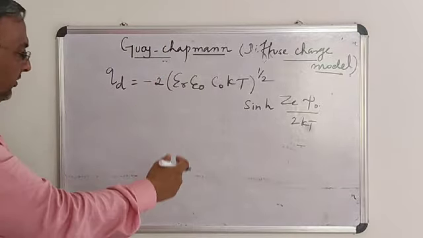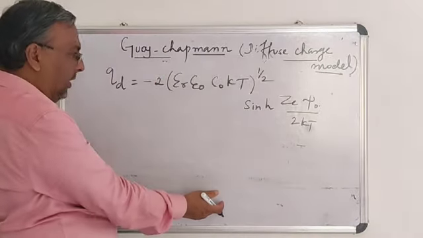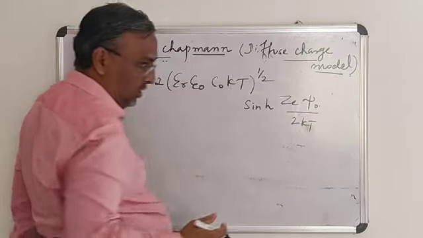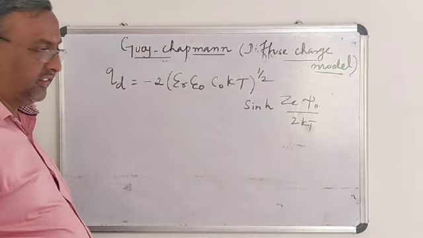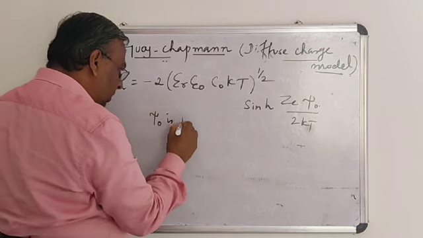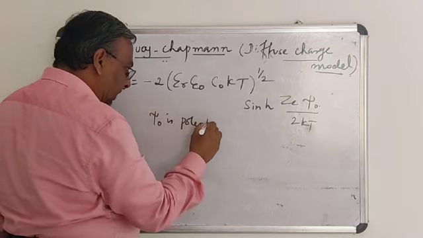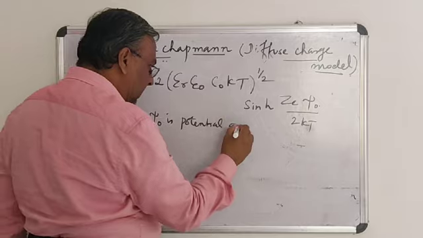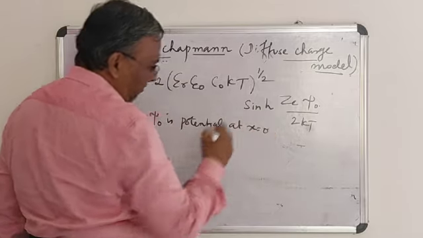See, in the last step we used psi x, the potential of an ion at a distance x. This psi 0 is the potential at x equal to 0.